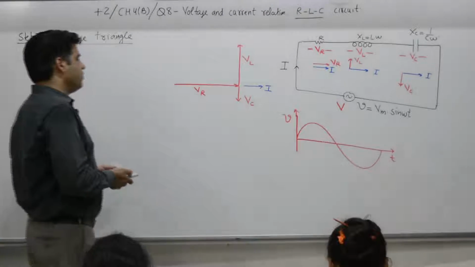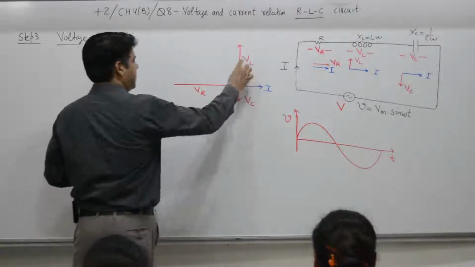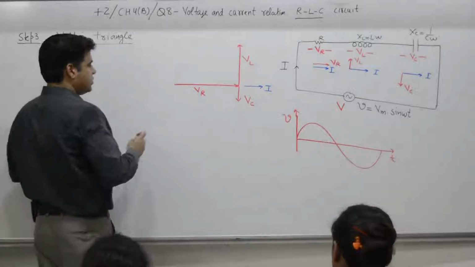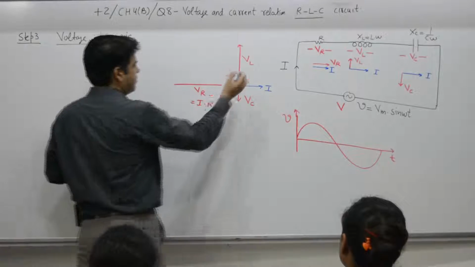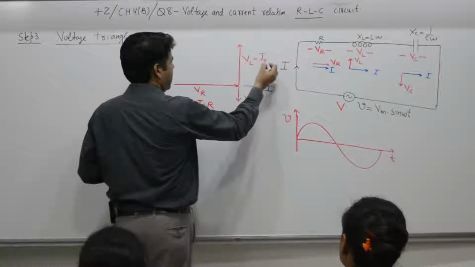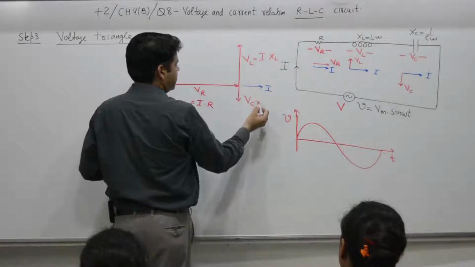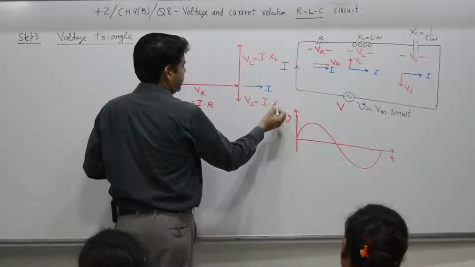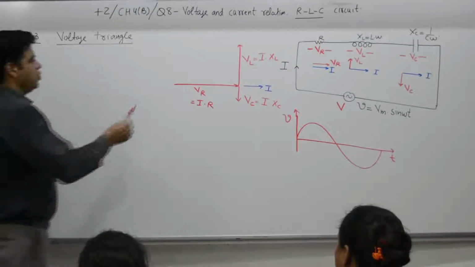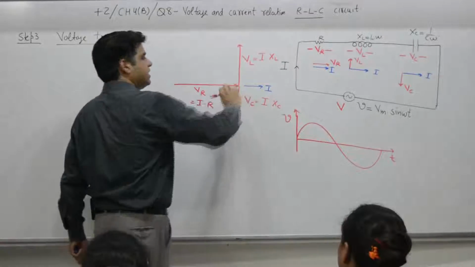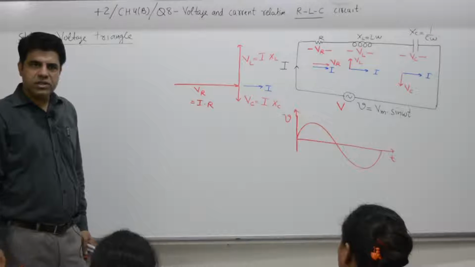Now, VR, VL and VC you have written. VR is equal to what? I into R. VL is equal to what? I into XL. VC is equal to what? I into XC. These two, VL and VC, do they support or oppose each other?